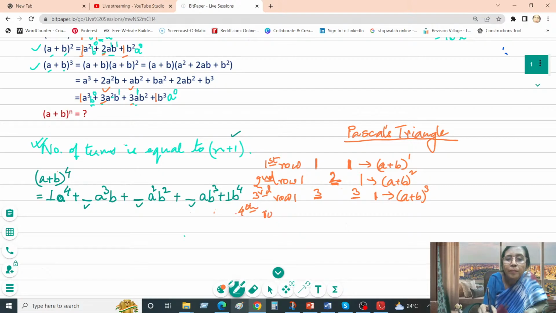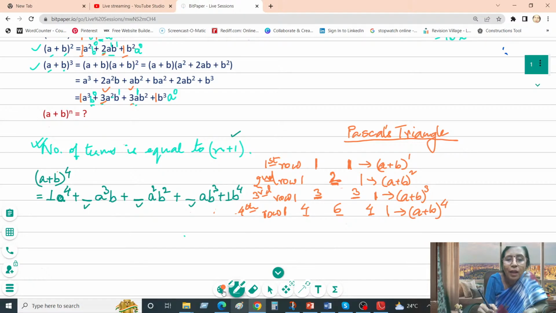Fourth row, first value is 1, the last value is 1. There will be 3 more values in between. 1 plus 3 is 4. 3 plus 3 is 6 and 3 plus 1 is 4. So this corresponds to a plus b to the power of 4.